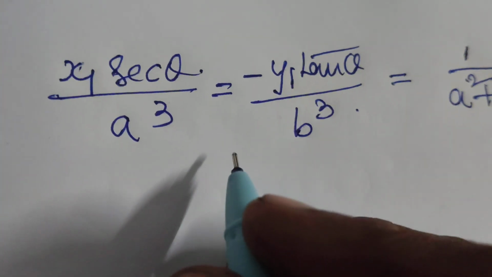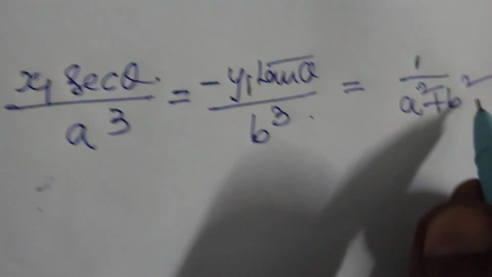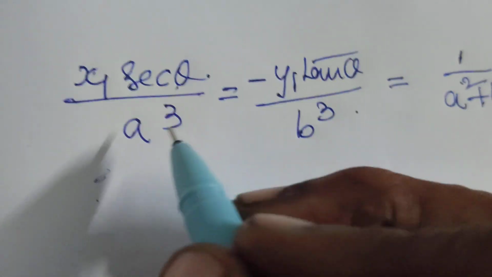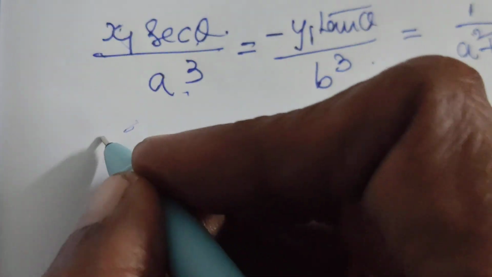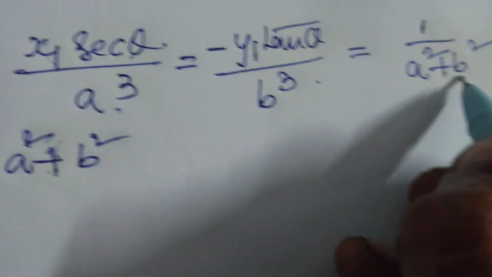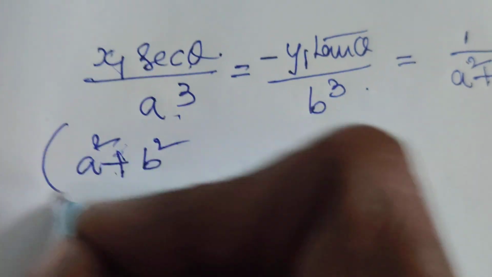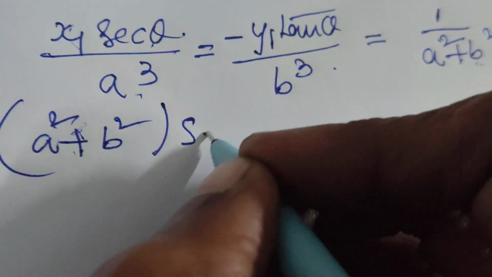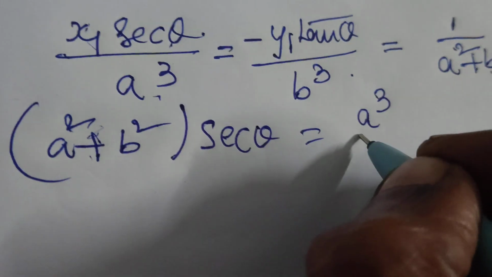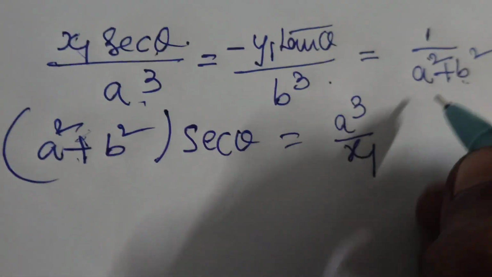Next, (a square plus b square) into secant theta equals a cube by x1.